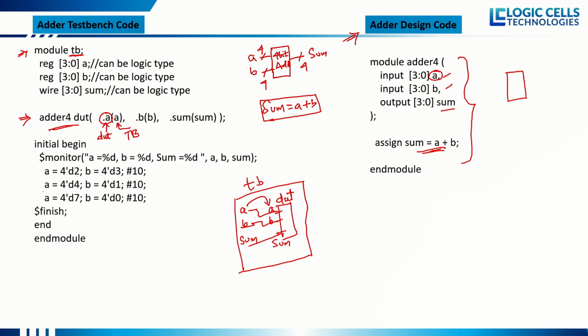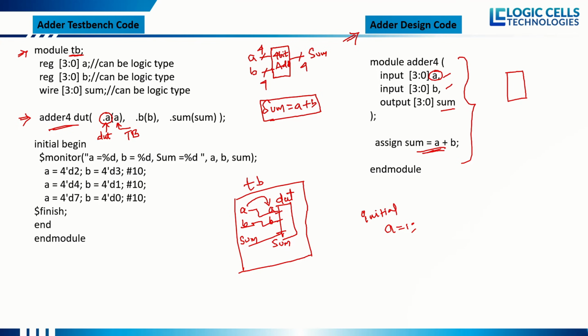Okay. Then as soon as you instantiate your test bench, you should start generating the input for the DUT. So in Verilog, remember, if you want to write any simple thing, let's say A is equal to 1, you need to write in a procedural block. You need to use initial.